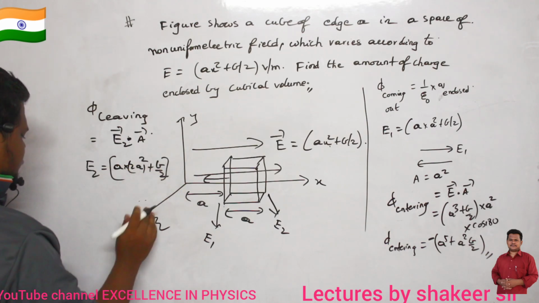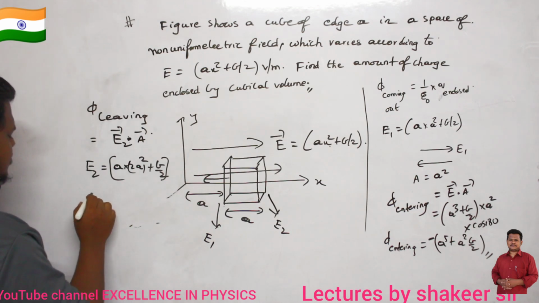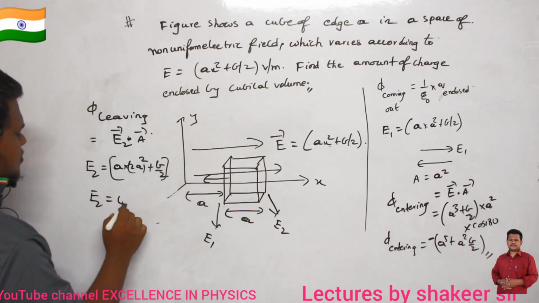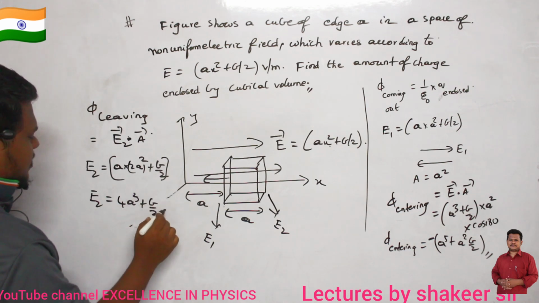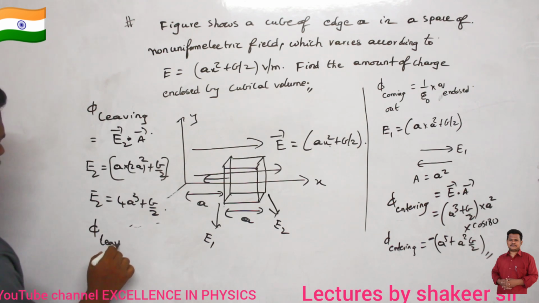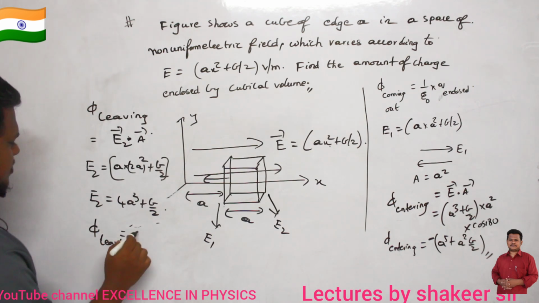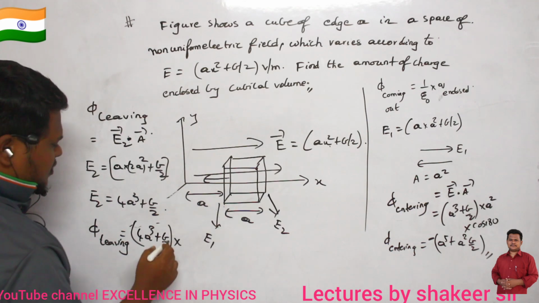In total, E2 is equal to 4A cube plus B by 2. Clear, no, ma? Therefore, flux leaving is 4A cube plus B by 2 into area. Area is A square only, no?